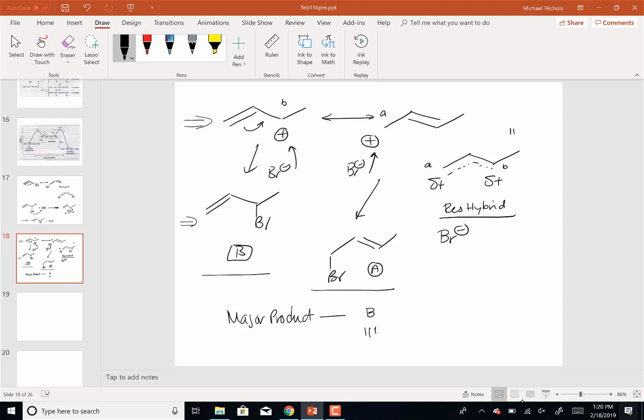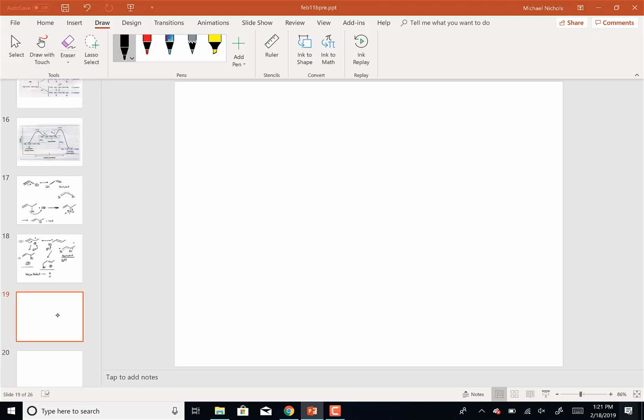So in order to fully explain this, let's draw a reaction coordinate diagram for this reaction. And I'm going to have to start in the middle with the resonance hybrid.